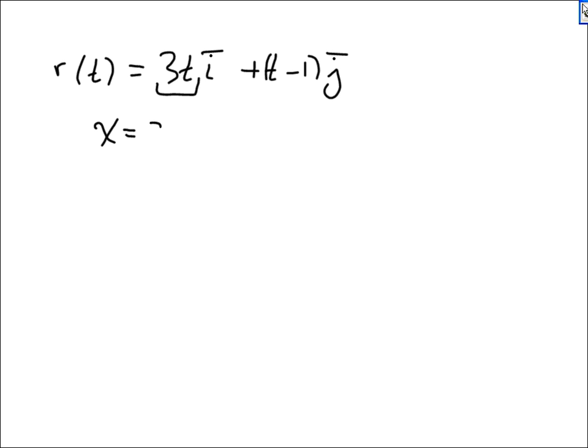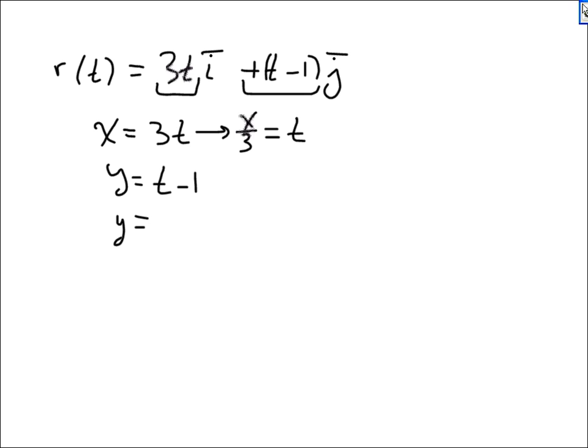Parametrically speaking, this says x is 3t and y is t minus 1. Since the second one says y equals, I want to eliminate the t in the second one. Dividing by 3 on both sides from the first line tells me that x over 3 is t. Okay? So y is equal to t, which is x over 3 minus 1. It's a straight line.